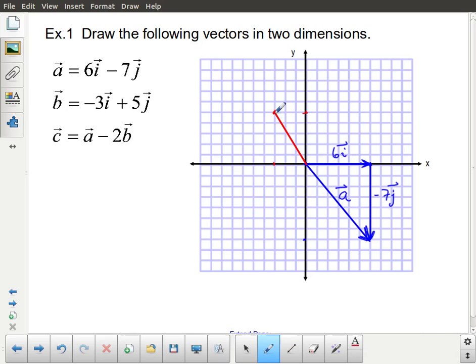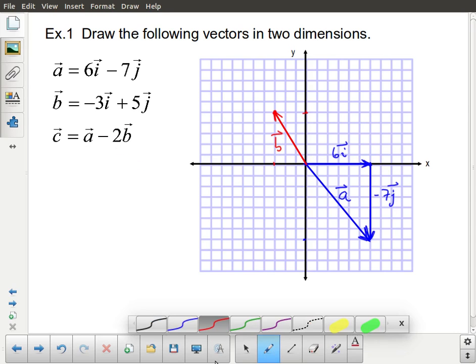And so I end up with that as my b vector. And then my c vector is actually a combination of these. And so drawing these actually might be quite inconvenient, but I'm not proposing that we draw it to start. We're actually going to use algebra.